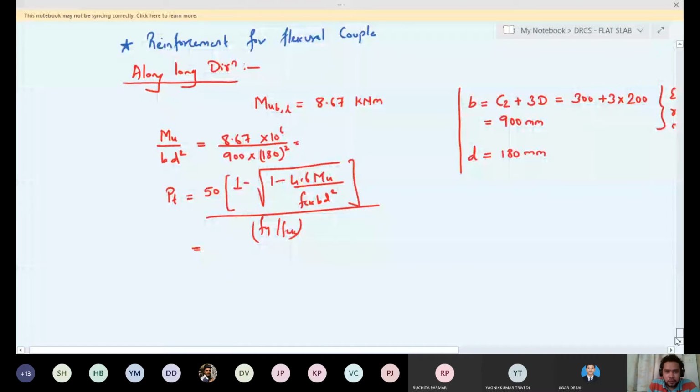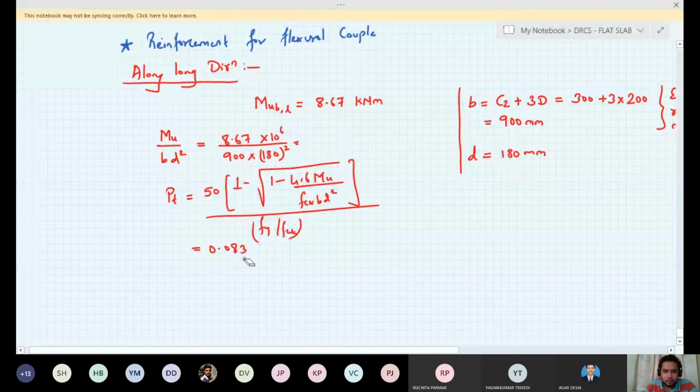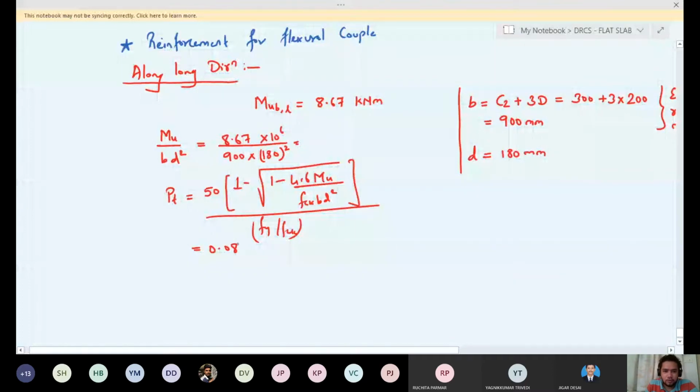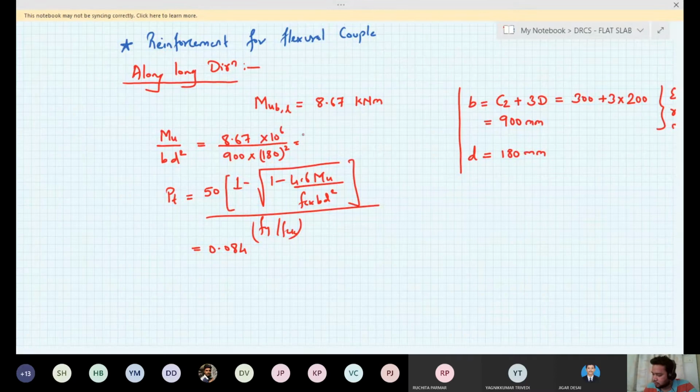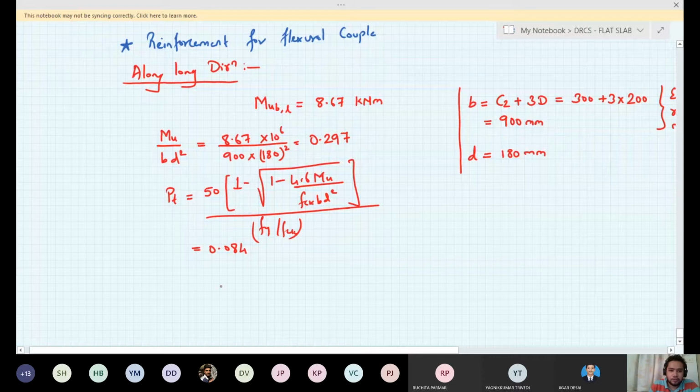So this value is 0.083, or we can say 0.084. And how much is this value? Just verify it. We are getting 0.297. So this is your PT.